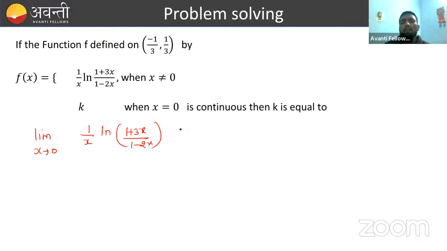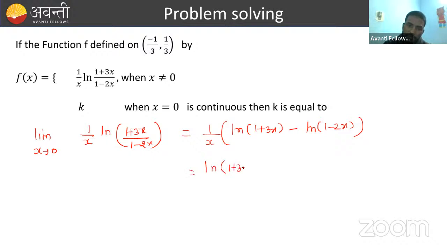Okay, so how can we do this? If it is 1 by x, I will make it simpler and write it like this: ln(1 plus 3x) minus ln(1 minus 2x). We can write this now, because ln of a by b is equal to ln a minus ln b. Now we have ln(1 plus 3x) minus ln(1 minus 2x) divided by x, and this is the limit as x tends to 0.